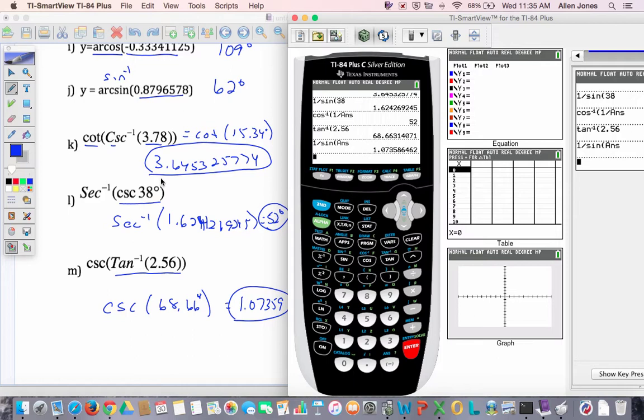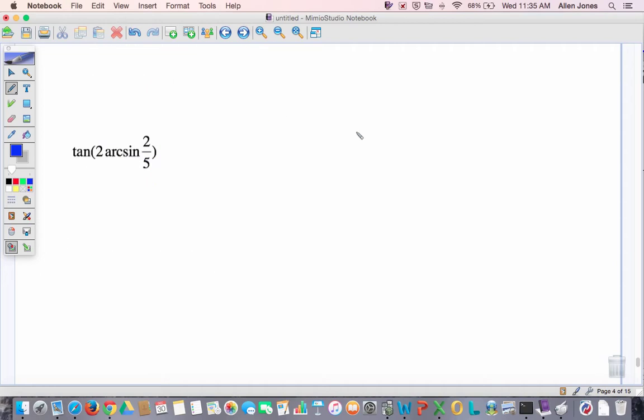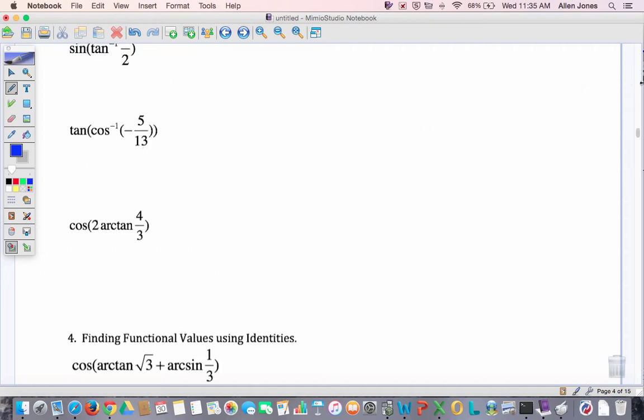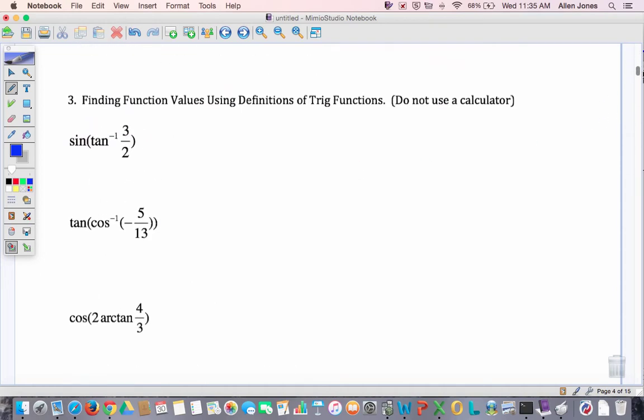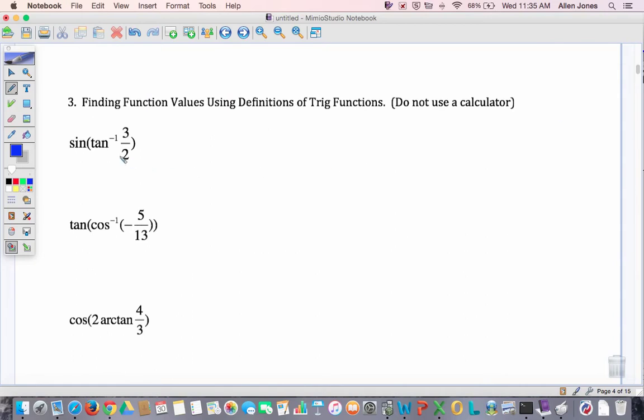Okay, so we're converting back and forth between ratios and angles here by using our calculator and the trig functions, along with our reciprocal functions. So make sure we understand the difference between these two types of scenarios as we move forward.